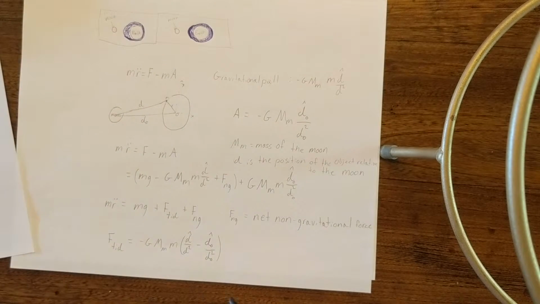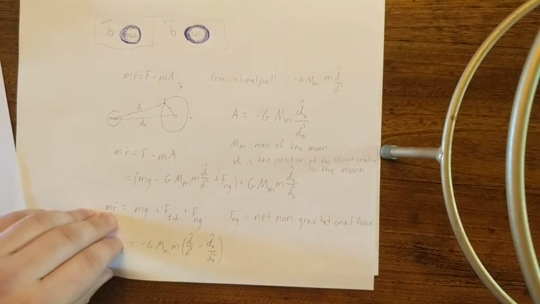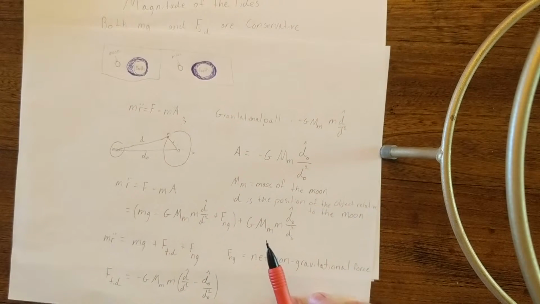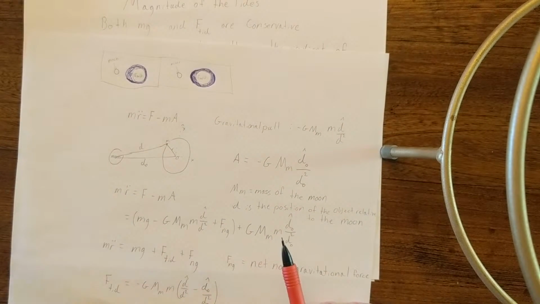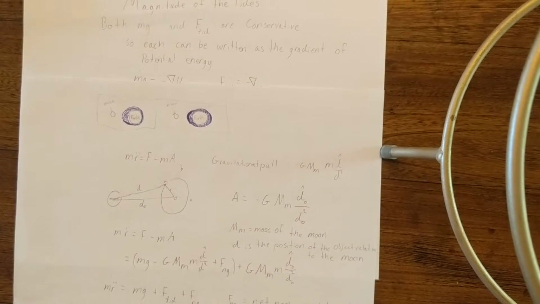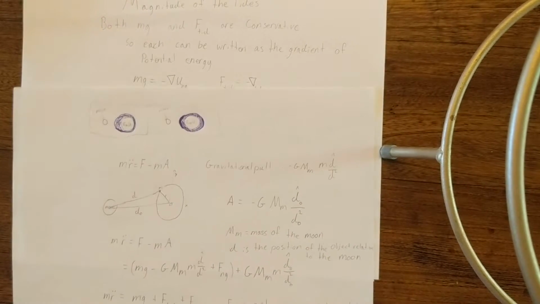And we have written it down as this force over here. Notice that the negative sign stays. From here, we just need to find the magnitude of the thing. We know that both m g and the tidal force are going to be conservative, and knowing that means we can write the gradient of the potential energy.